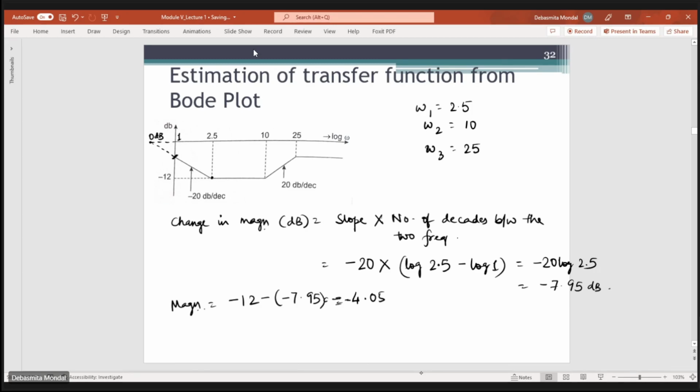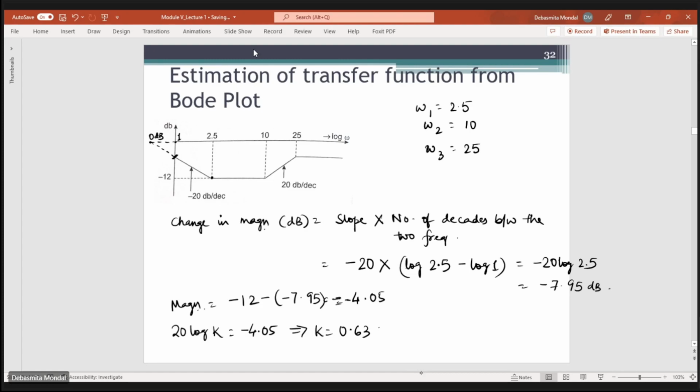Otherwise, if there is no gain, this point would have started from here, that is, it would have crossed the 0 dB line at omega equals 1. Since it is not doing that, 20 log of k will be equal to minus 4.05, and from here you can find the value of k. K will be equal to 0.63.